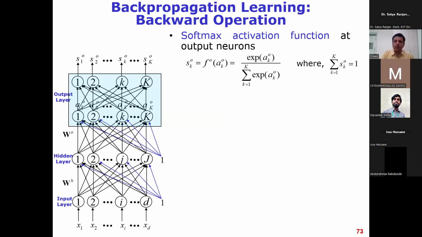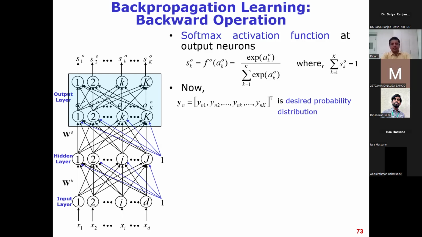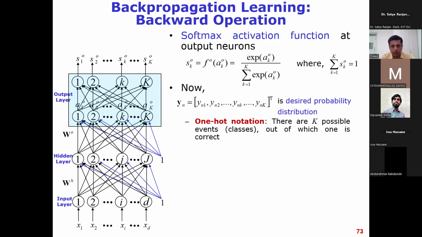Okay, so when the error is being computed, since we are computing the probability of the class as an output, it is called a probability distribution. The desired output we represent in a one hot notation.